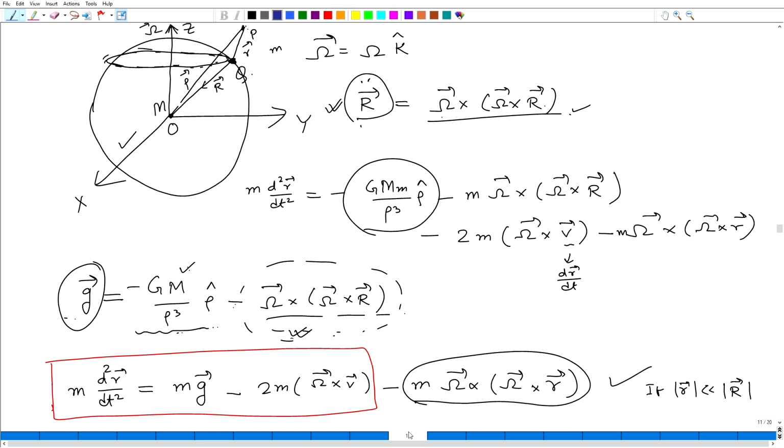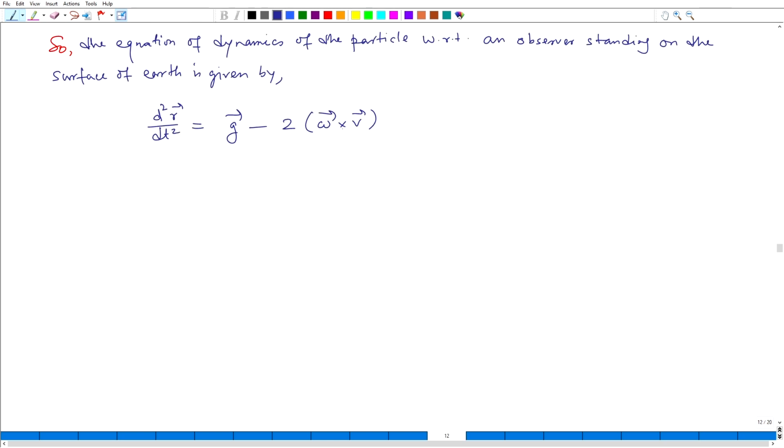Okay. So, once again you try to understand that I have this effective g, I have this Coriolis force, and this I just neglect. So, finally, I have these two sources of interaction. If I just write mg and m this, this one is the main force which is acting on the particle, and you see that it is the Coriolis force.